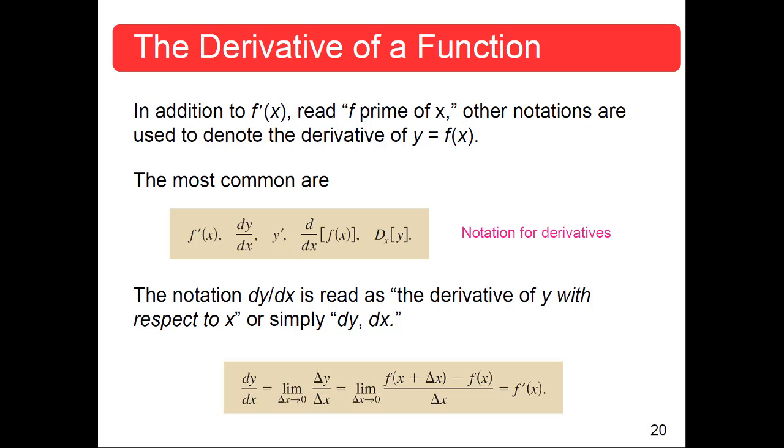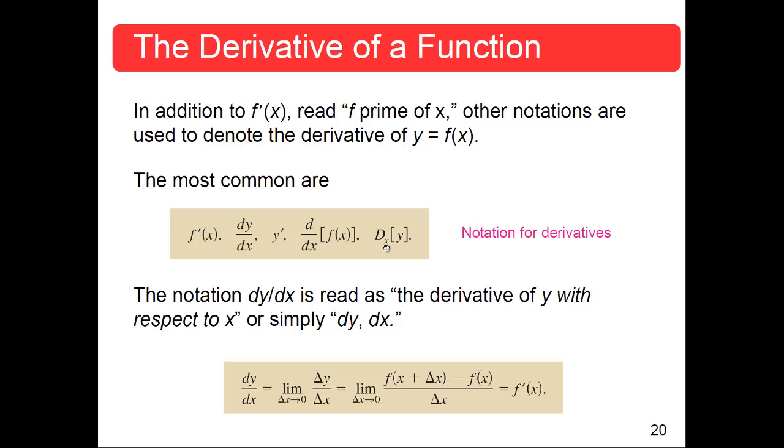Now, because calculus was developed independently by different folks on different continents, in different countries at least, we have a lot of different notations. So these are all notations you're going to see. These first two might be the most popular, f prime of x for a derivative, or maybe dy over dx. But we're going to use y prime.